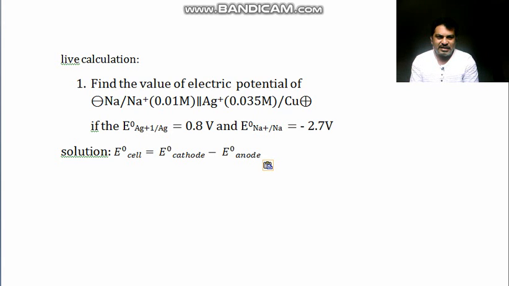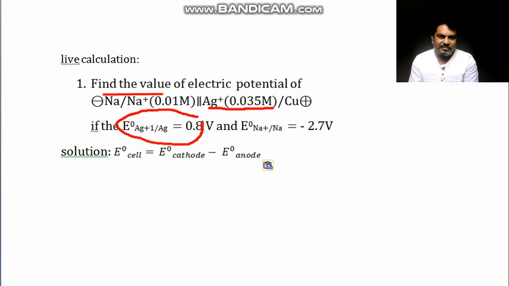Cathode means the right side portion, and Ag is the right side portion, so the value of cathode is E degree Ag plus by Ag. At the same time we have the anode, that is sodium, and the value of anode is given as minus 2.7.